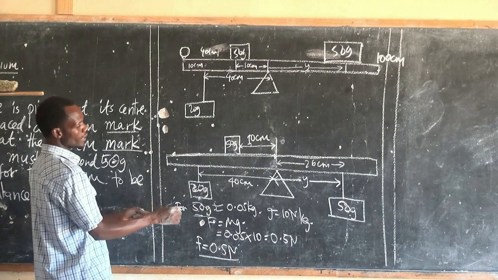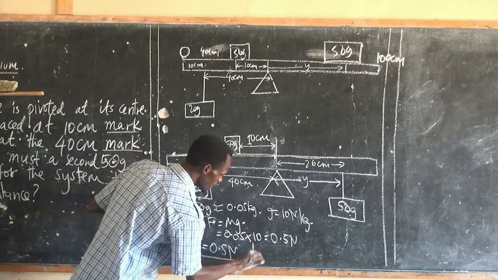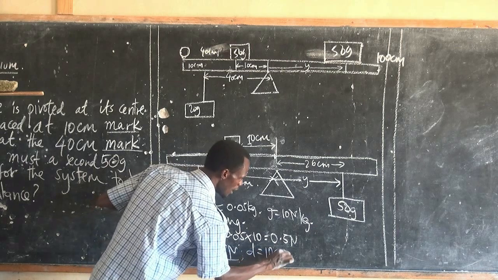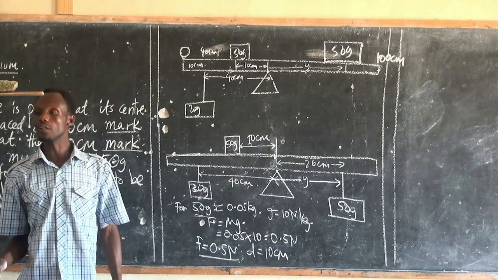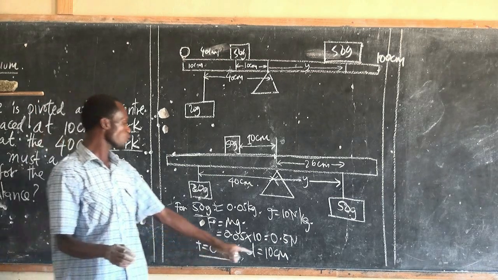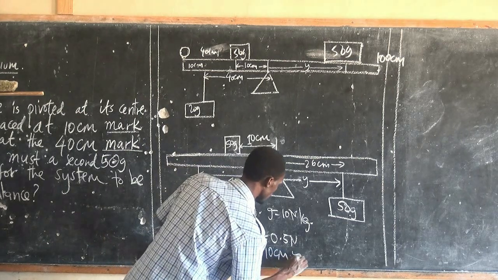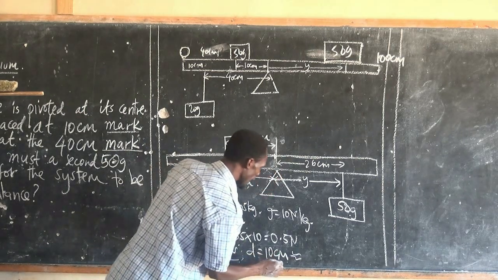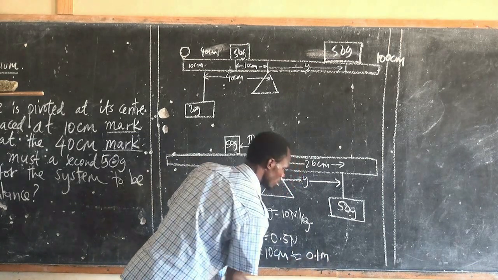But the distance is 10 centimeter. The SI unit of distance is not centimeter, it is meter. Let us convert this centimeter into meter: 10 divided by 100, you get 0.1 meter.